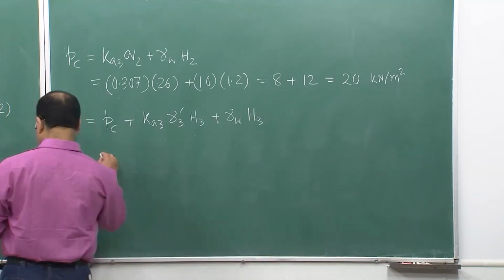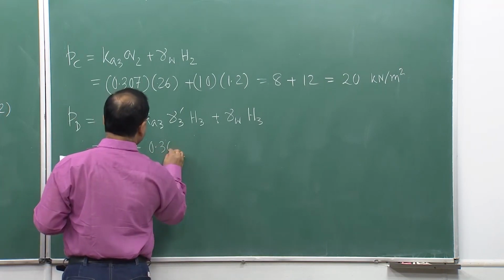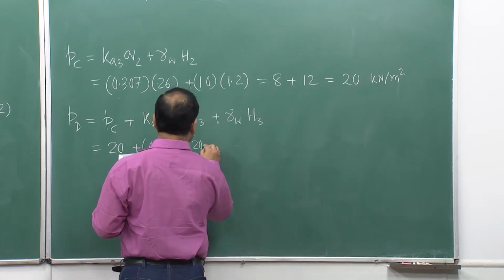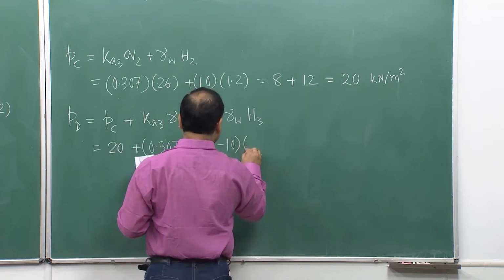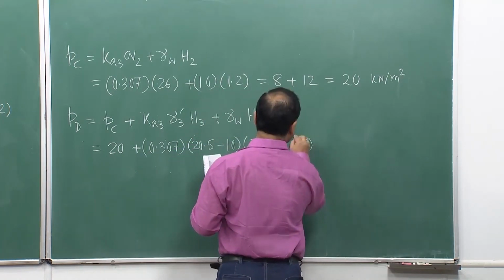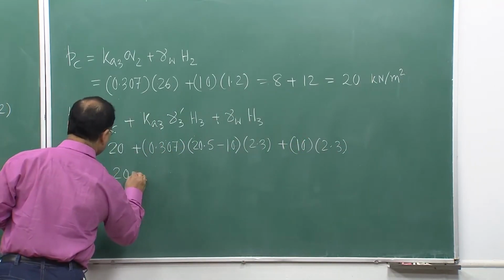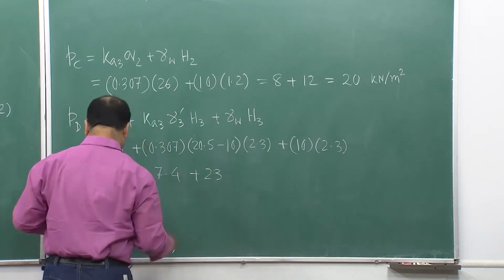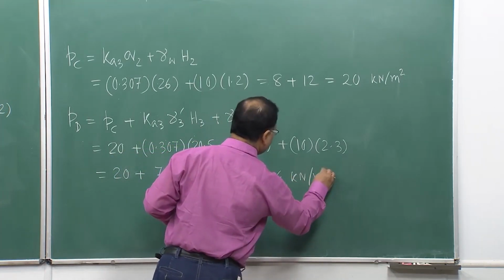So, that gives me 20 plus 0.307 into gamma 3 prime, which is equal to 20.5 minus 10. What is H3? 2.3, plus 10 into 2.3, that comes as 20 plus 7.4 plus 23 is equal to 50.4 kilonewton per meter square.